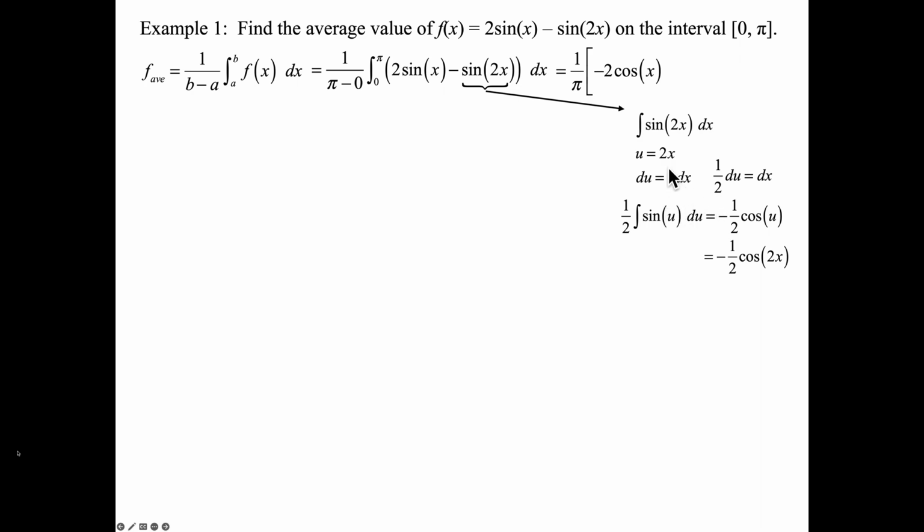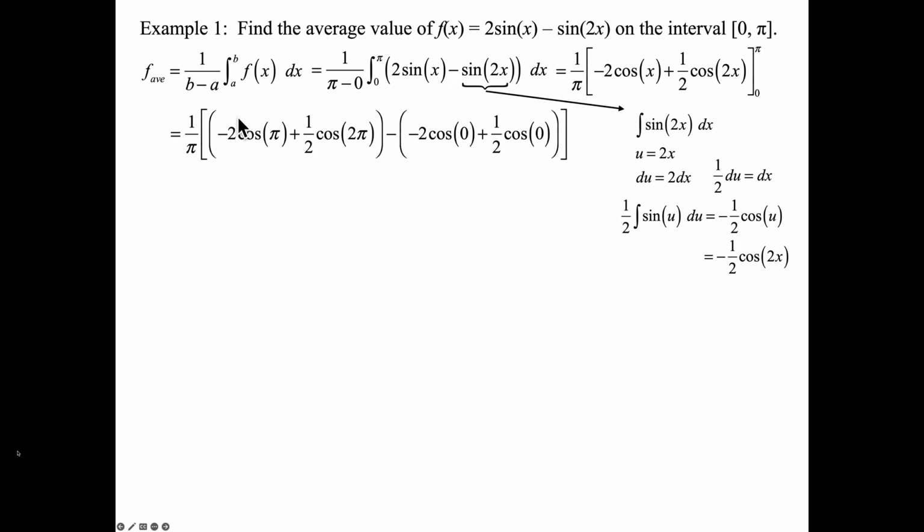Take the 2x and put it back in for u. And so I have minus a negative, and a minus a negative becomes plus 1/2 cosine of 2x. And again, we'll evaluate it from 0 to pi. So let's substitute everything in.